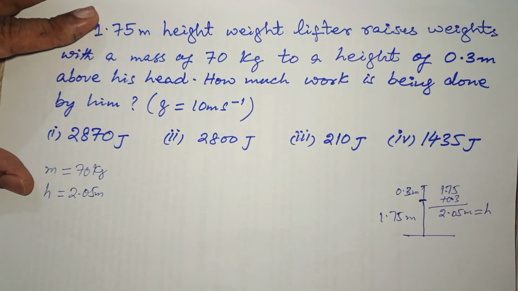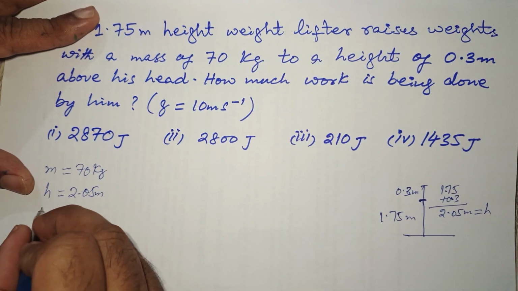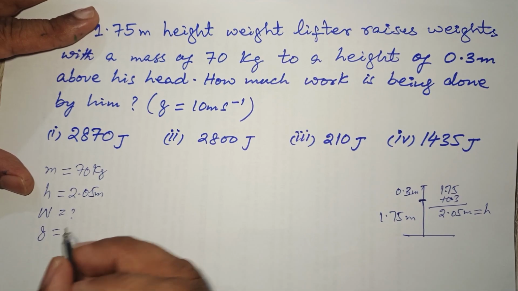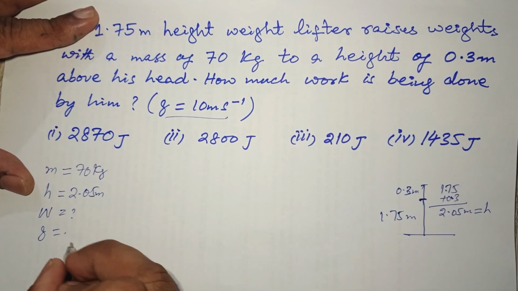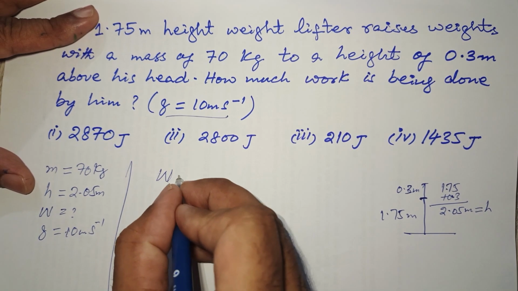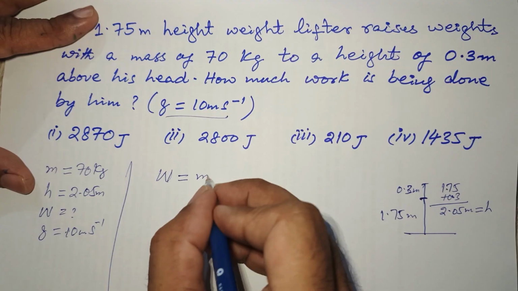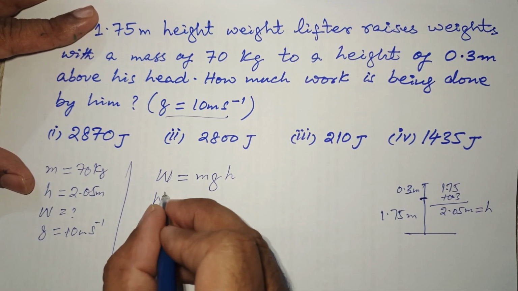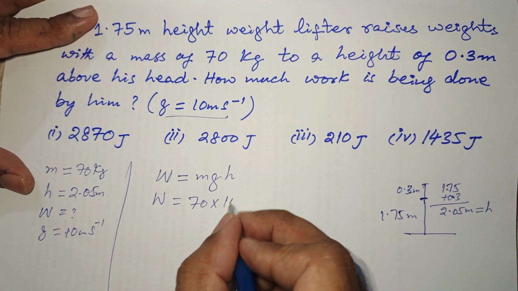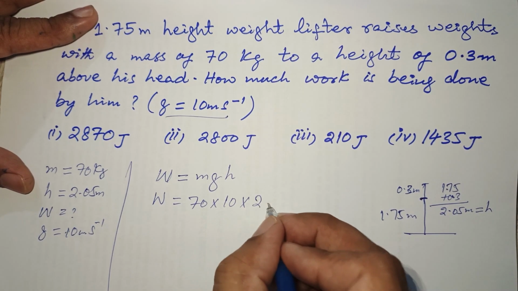How much work is being done by him? W is needed. G is given as 10 meter per second squared. So what we have to find is work done in raising the weight. W is equals to mgh. W is equals to m is 70, g is 10, h is 2.05.